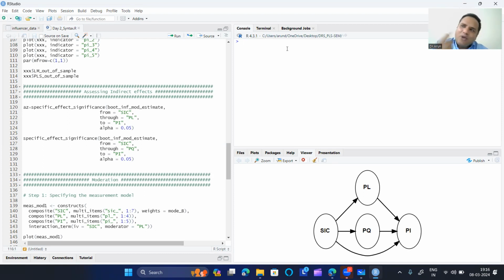At that time, I had not explored the seminar package in detail. It just came recently, and there were not many people talking about it. So I didn't go and explain how to calculate specific indirect effects. But yes, I found the pictorial presentation of the model in the seminar package to be quite decent. So I like that. So I used the seminar package to give the diagram in my PhD thesis.